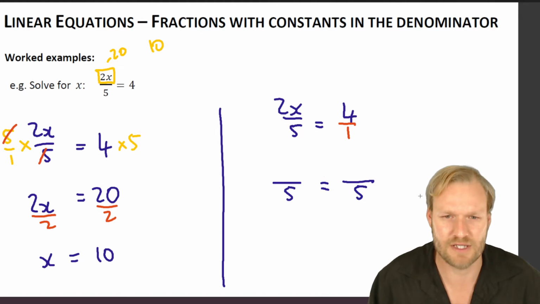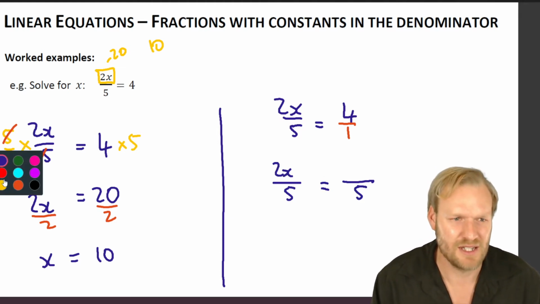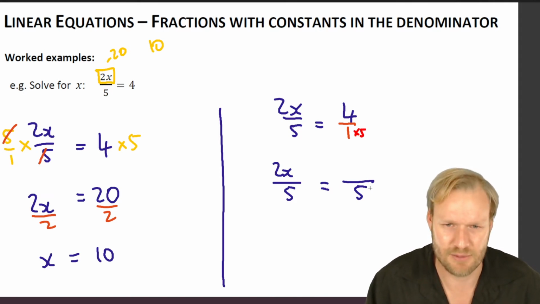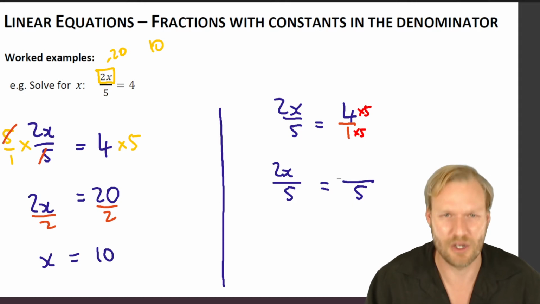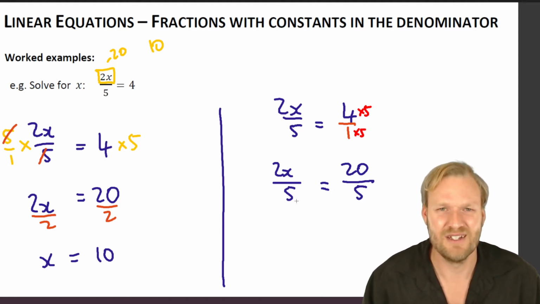So if we wrote both sides over 5, nothing needs to change on that side, but we've thought about this idea that if that times by 5 to get that 5, what you do to the bottom, you do to the top, so that it's an equivalent fraction, and therefore you've got 20. Now, if the denominators are the same, it makes sense that the numerators would be the same.